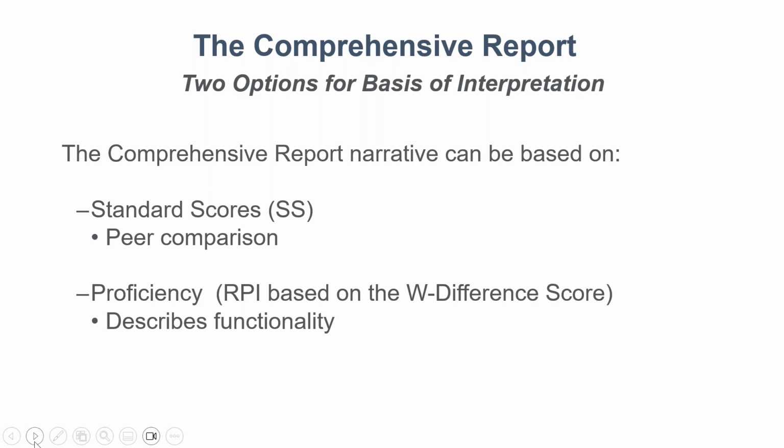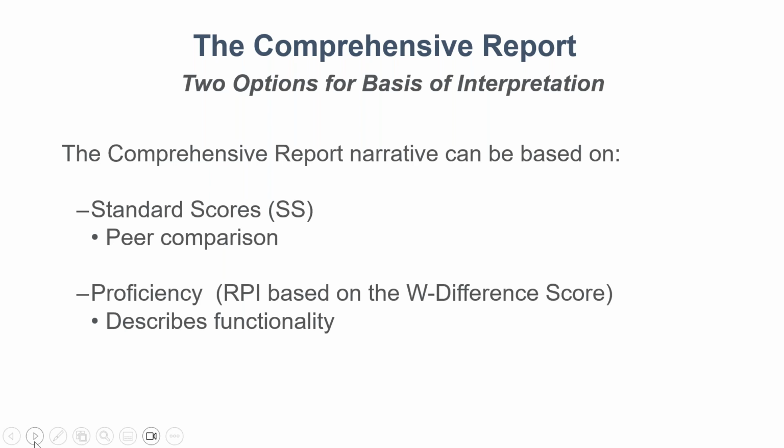Or you can choose the proficiency level as the basis of interpretation. And that's where the student's performance is presented from the focus on the RPI, that relative proficiency index.